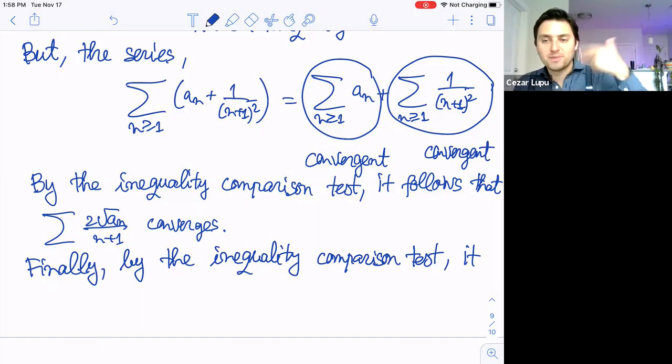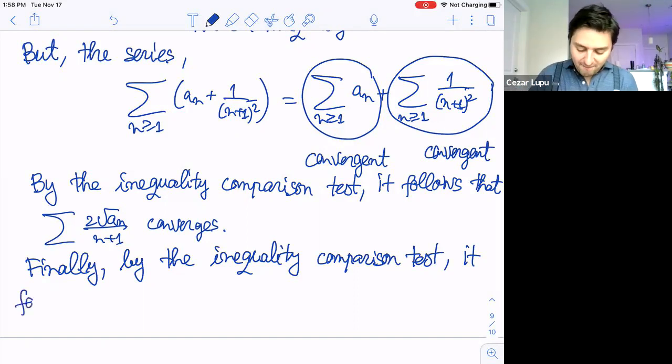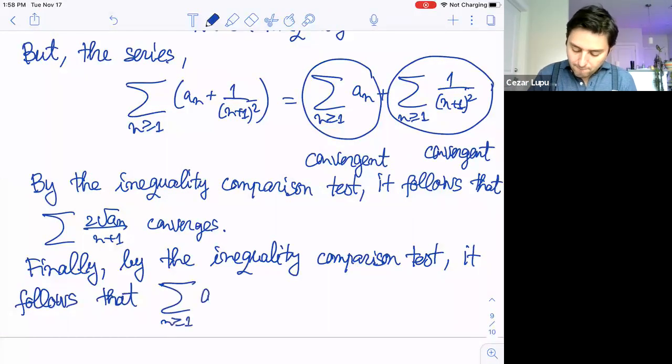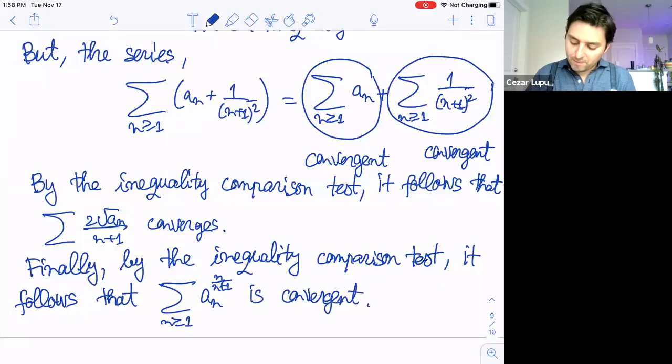In fact, there are two problems in this. Anyway, so it follows that this guy is convergent. And that's it. Well, it was pretty involved, right?